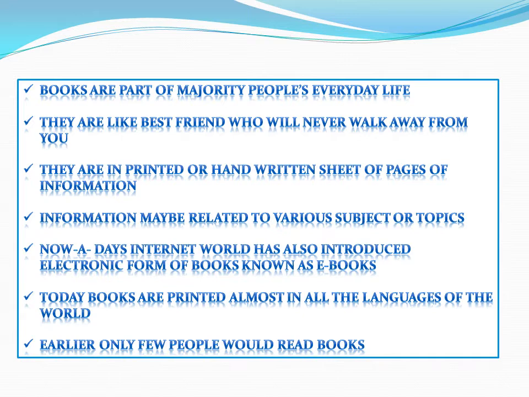Fourth point. Information may be related to various subjects or topics. A book can be written on various subjects. It can have n number of subjects in it, n number of topics in it. There is no limitation to the book.